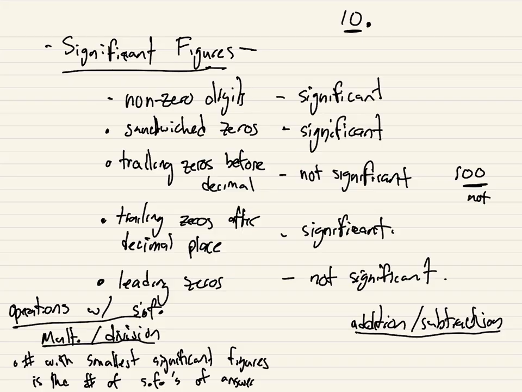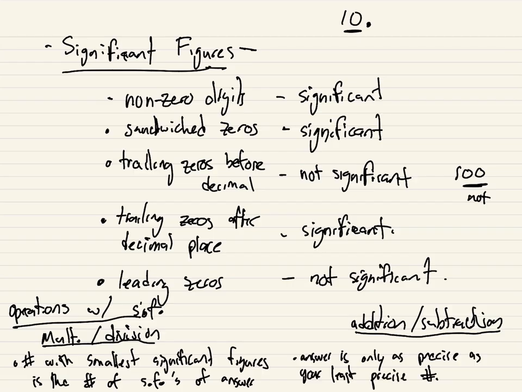And what about for addition and subtraction? What was the rule for that? That has to do with the precision of the number, right? How many decimal places does that number go to? So the answer is only as precise as your least precise number, right?